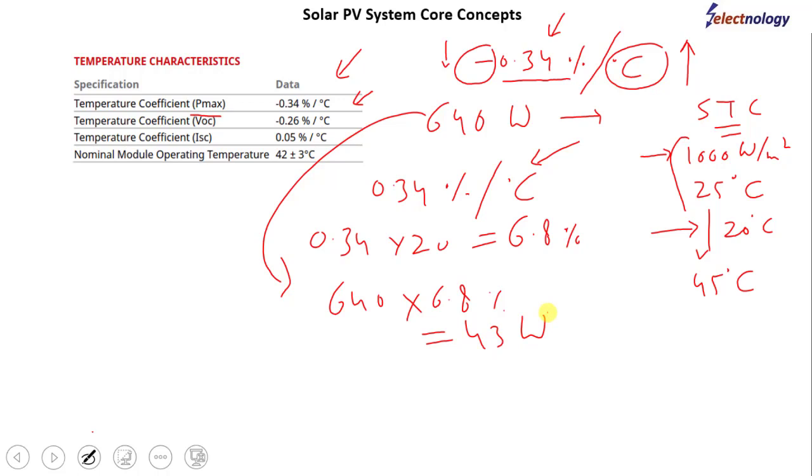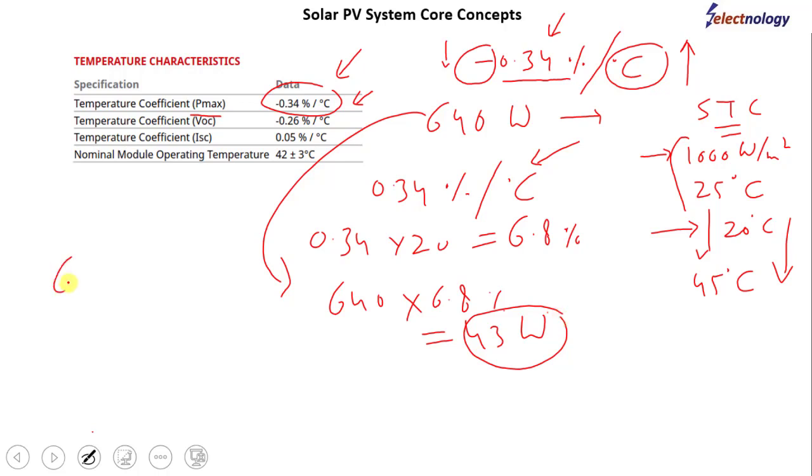In other words, if the temperature increases to 45 degrees centigrade, there is a change of 20 degrees centigrade in the temperature of the PV module, the rated power shall not remain 640 watts as specified by the manufacturer. The manufacturer is saying that use this temperature coefficient, this one, and find the rated power. So the rated power of the PV module has decreased by 43 watts.